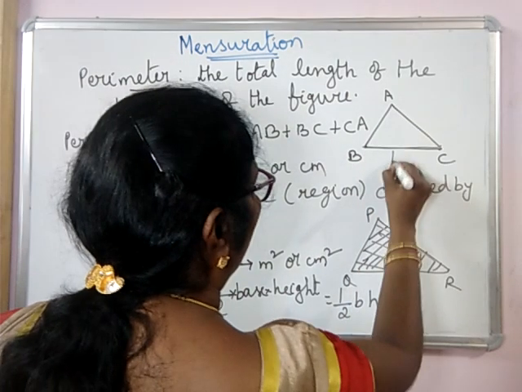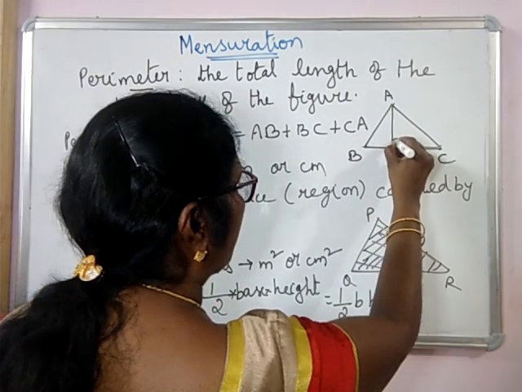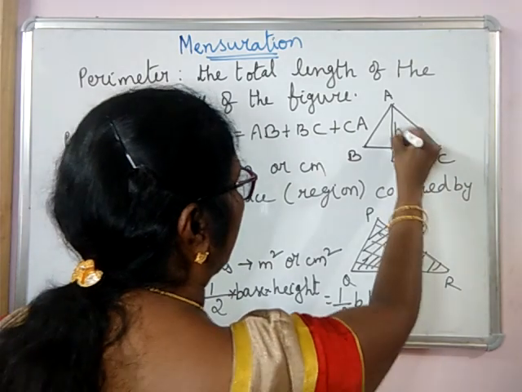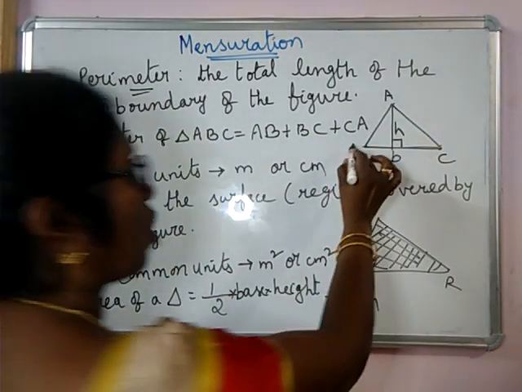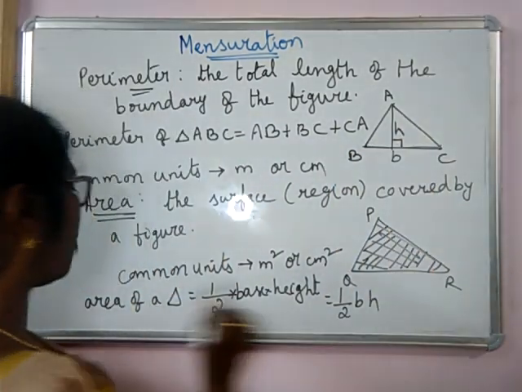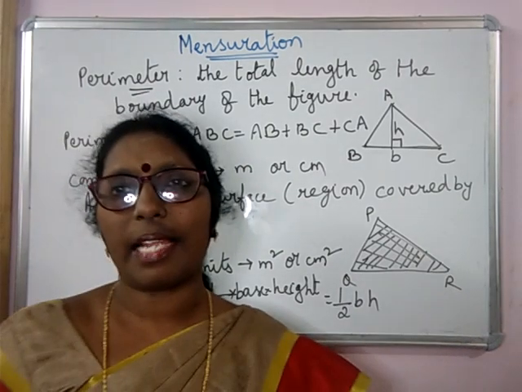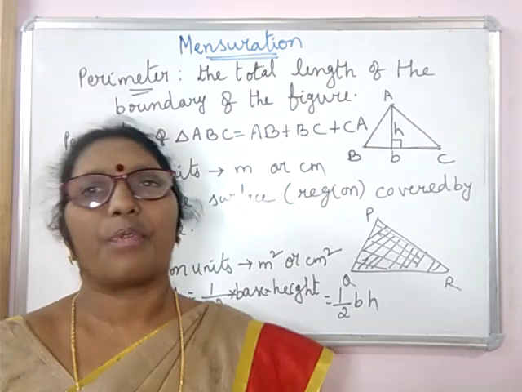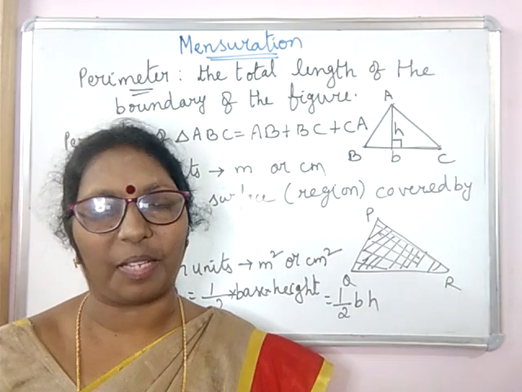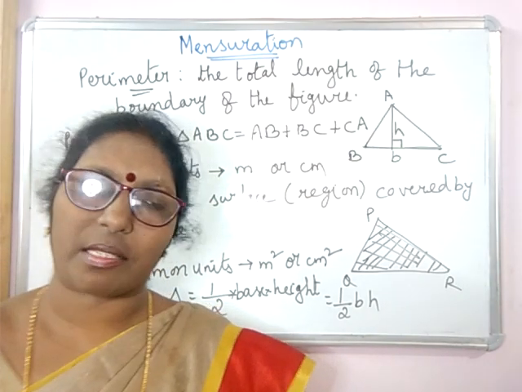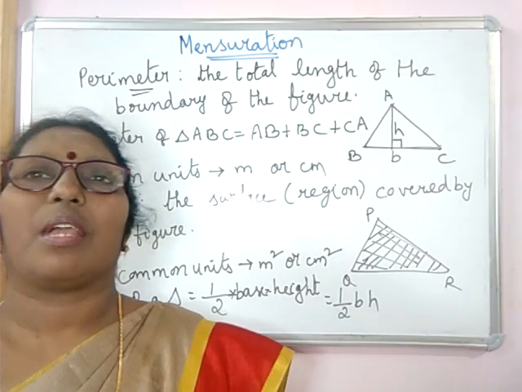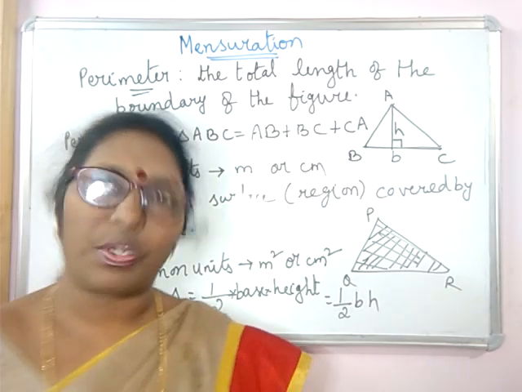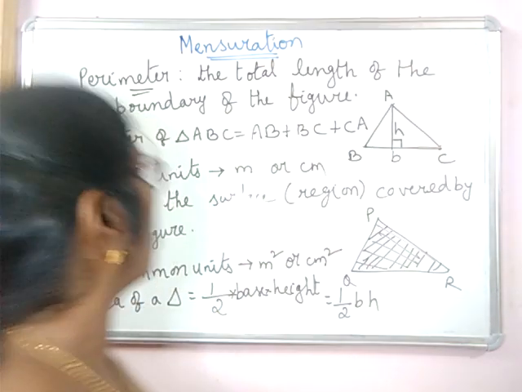If BC is the base, if I draw a perpendicular from A to BC, this is height. So half base into height, if you do, you will get the area of a triangle, and this is the common area formula for finding the area of a triangle. Other than this, there are different formulas for finding the areas of different triangles which you are going to learn.